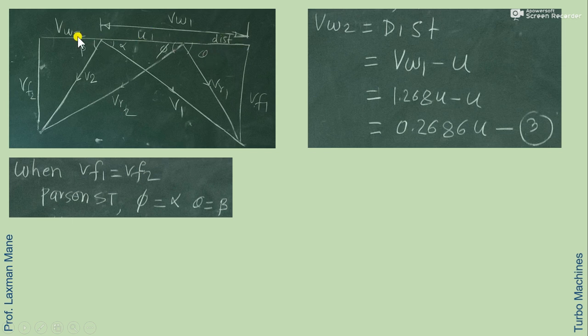So we have to find Vw2. For that we can equate this Vw to this distance, and this distance we can express as Vw1, this total, minus u distance. So hence Vw2 is equal to Vw1 minus u. Now Vw1 in terms of u, then solving this we get Vw2 expression in terms of u.